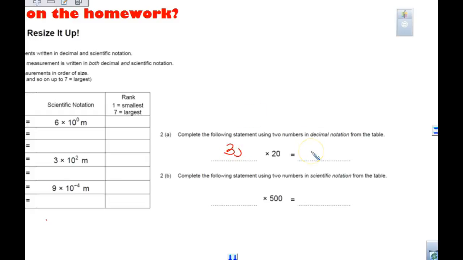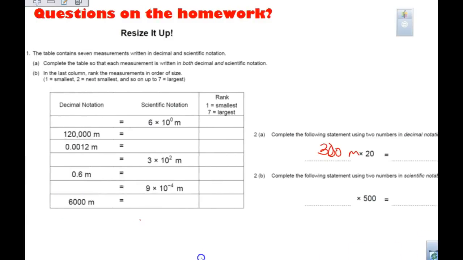If I have 300, 300 times 20 gives us how much? Gives us 6,000. Was that one of your numbers in your column, 6,000? Yeah. So 300 meters, looking at this one, right? 300 meters to give us the 6,000 meters. That would be one.